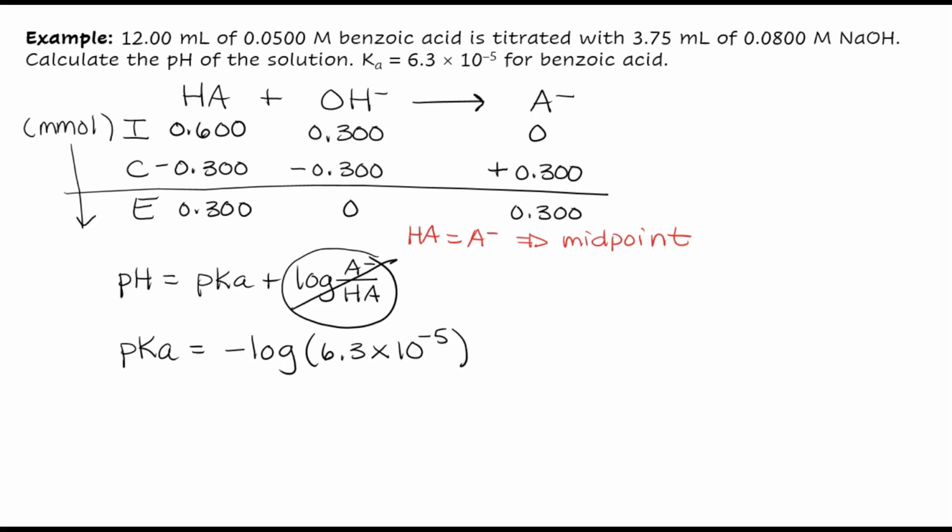For sig figs, we have 2 sig figs in our log term, which is going to give us 2 decimal places in our result. So taking the negative log of 6.3 times 10 to the negative 5, rounded to 2 decimal places, gives us a pKa of 4.20, and that is equal to our pH.